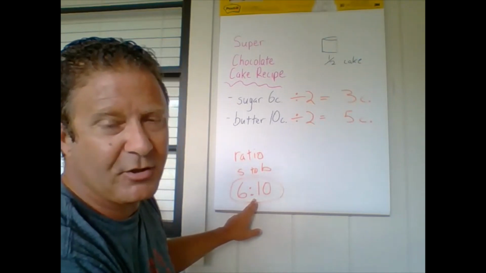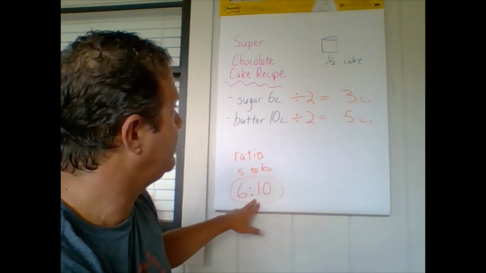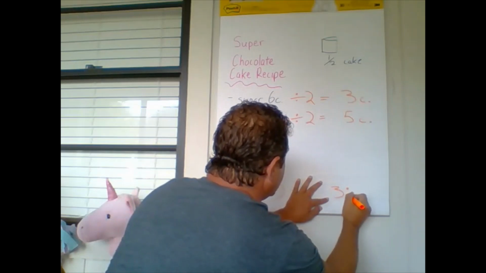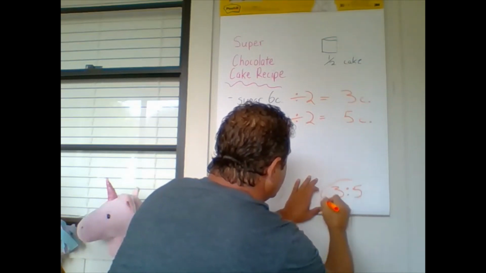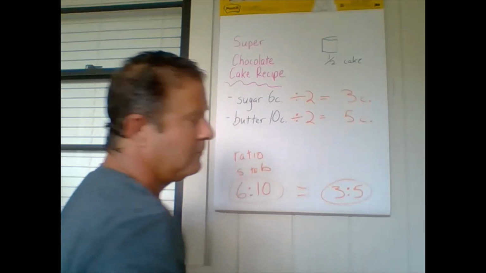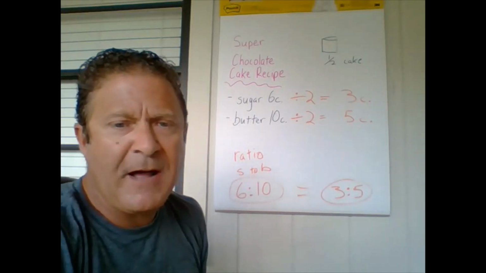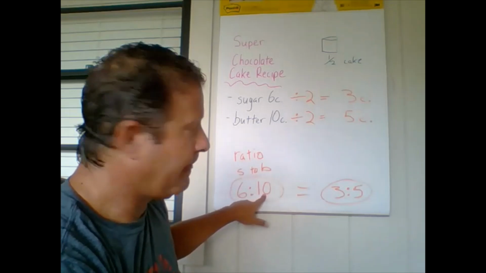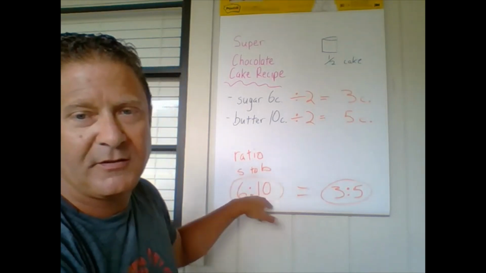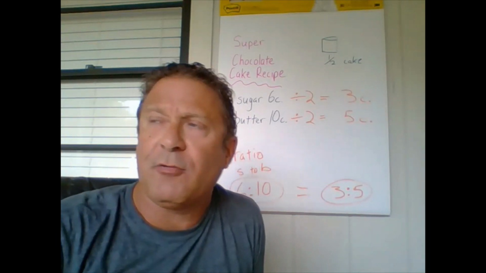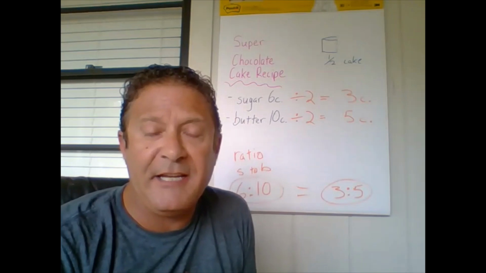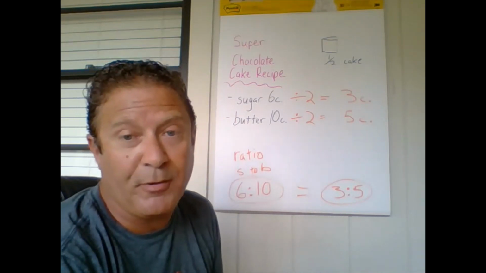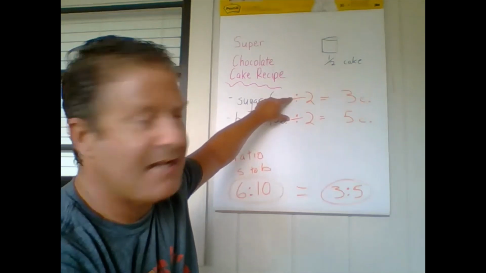My equivalent ratio for half the cake would be 3 to 5. And again, just taking the 6 dividing by 2, taking the 10 dividing by 2. So you can multiply to make a bigger equivalent ratio, or you can divide each part to make a smaller equivalent ratio, as long as you're dividing both parts by the same number.